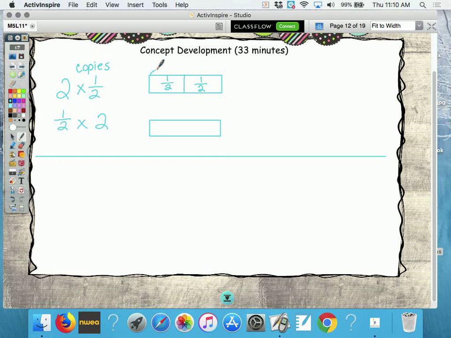And what would the question mark be here? 1. Okay? So my answer would be 1, because 1/2 plus 1/2 is 1 whole, right? So I could rewrite this problem as repeated addition. So go ahead and write that down beside. And it's 1 whole.